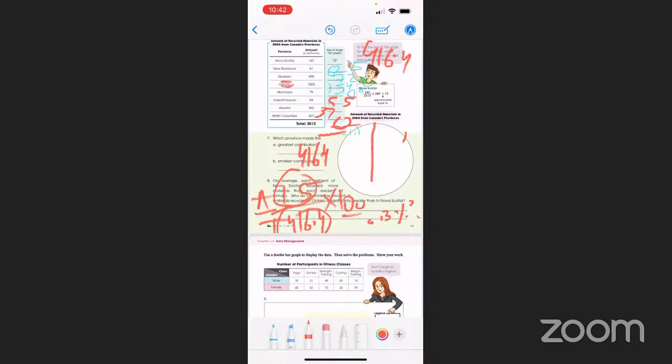So in the pie graph, you have this as being the first, Nova Scotia, which is going to be 0.3%.